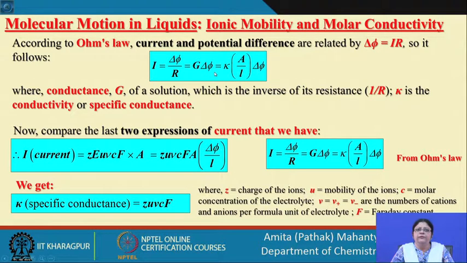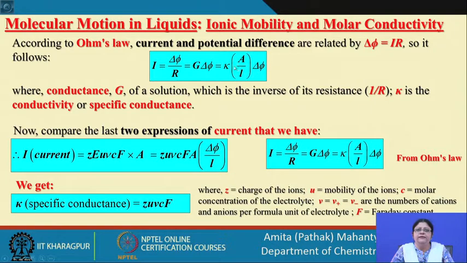This comes from the expression of G. G is 1 by R, and we put the expression of kappa, kappa into L by A into delta phi gives you the I. A is the cross-section area of the electrode and L is the length between the two electrodes.